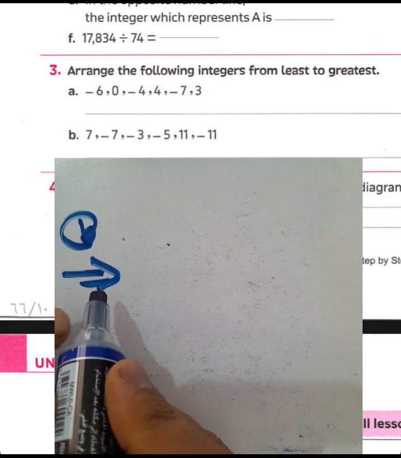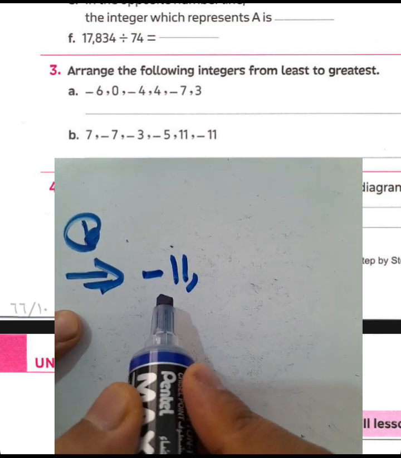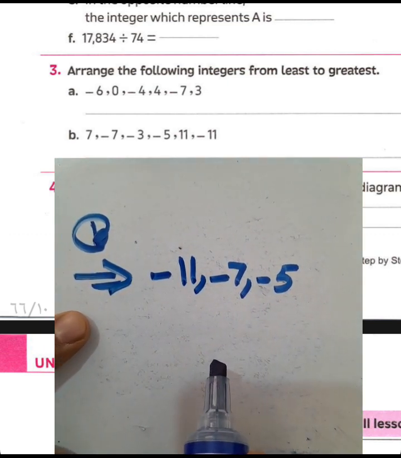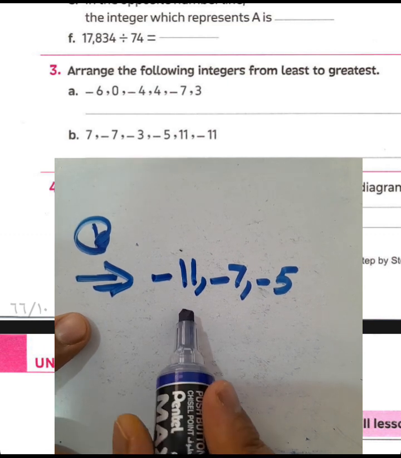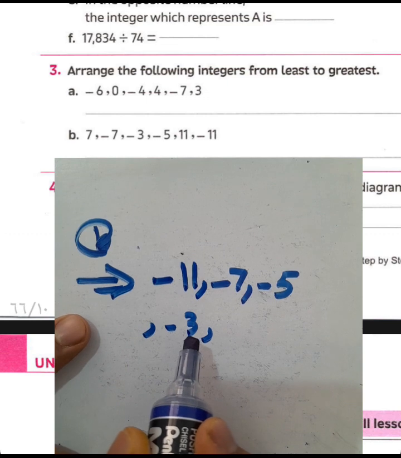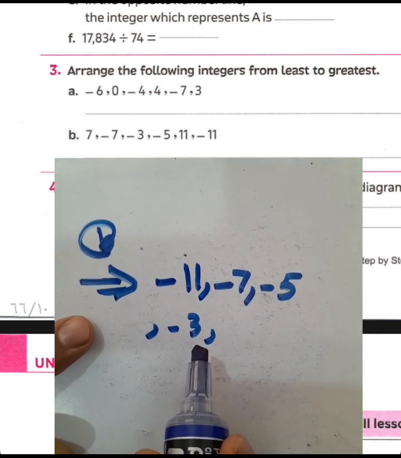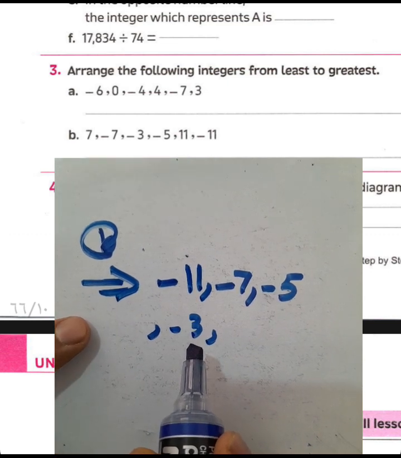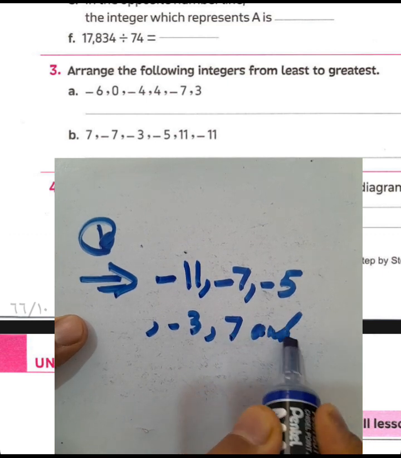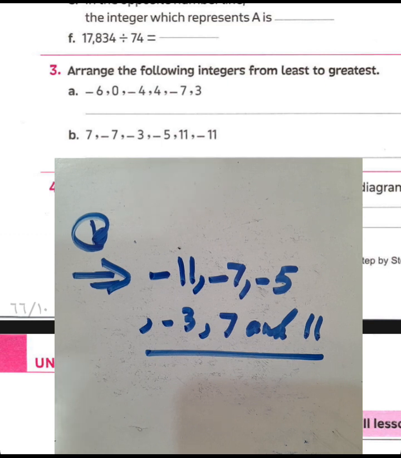First number here, negative 11, and then negative 7 and negative 5, negative 3, and what? Then we can write positive 7, and the last one will be 11. It's the order here from least to greatest.